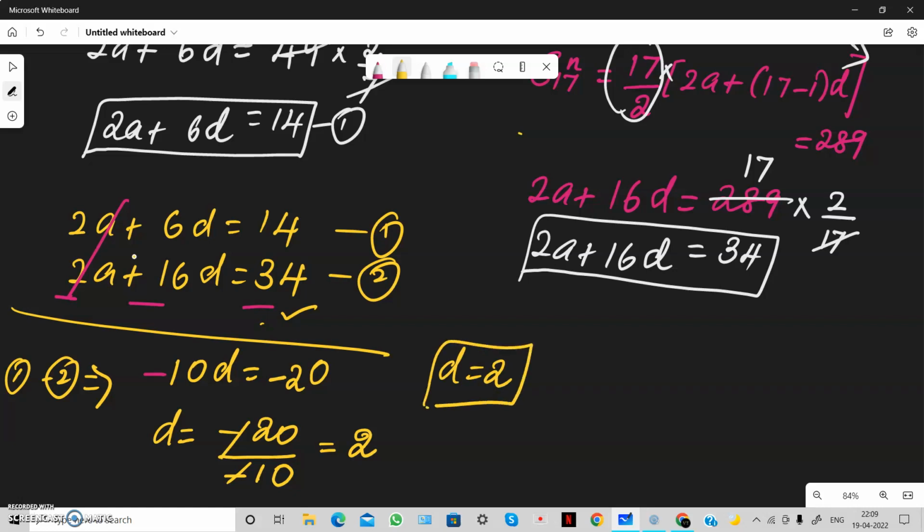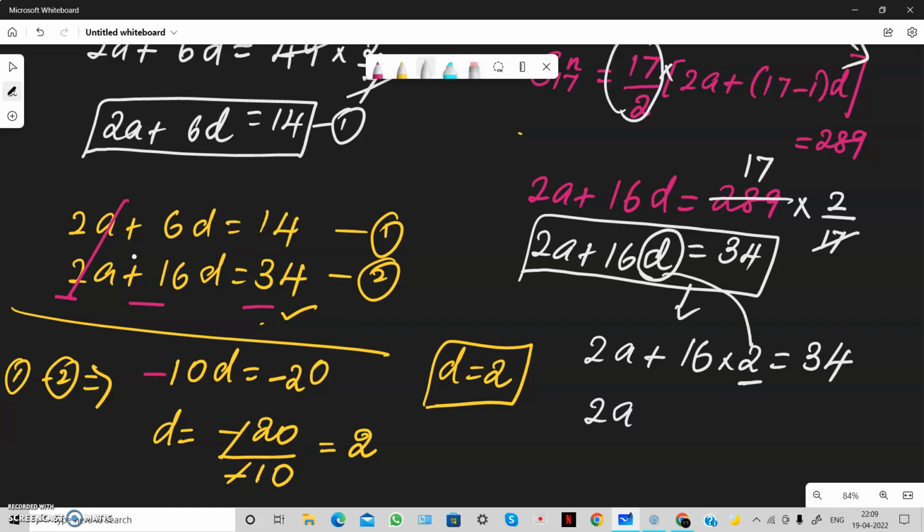Wow, we found one answer, and now we should find the A value. I'm going to substitute in this equation. You can take any equation, right? So 2A plus 16 times D equal to 34. We are substituting for D, which is 2.